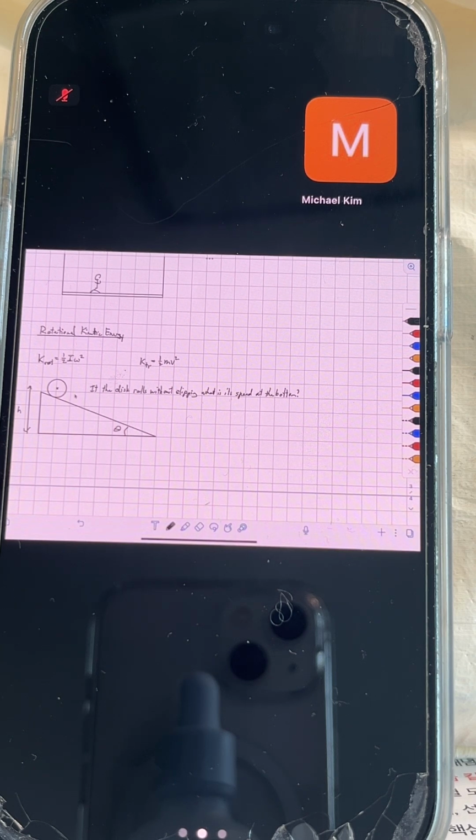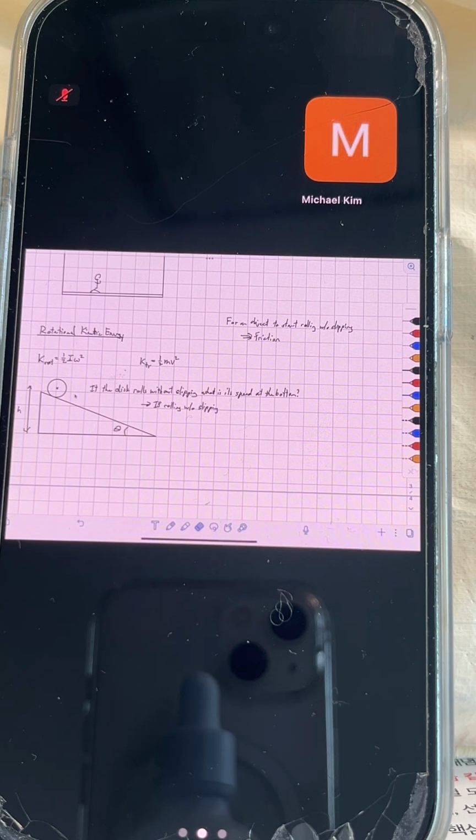The key thing we said here is that if you're rolling without slipping, I guess I should have mentioned this before: to start rolling without slipping, you had to have friction.